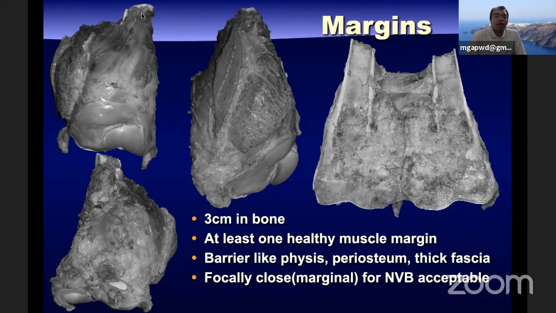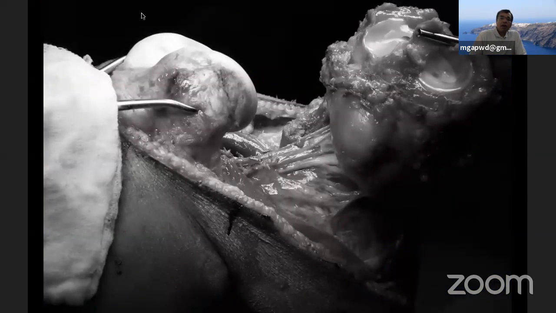So an adequate margin is something which would give us a low risk of local recurrence. And if you follow these principles, that you have one healthy muscle cover, a thick layer of fascia, articular surface, or covering everywhere around the tumor, and the tumor is not seen anywhere in the margin, then this is an acceptable margin.